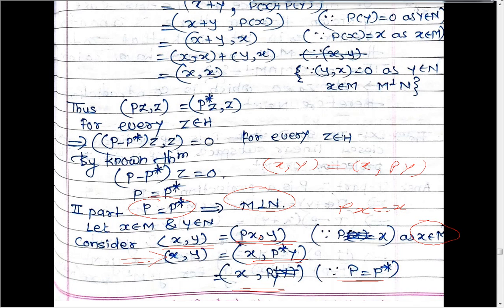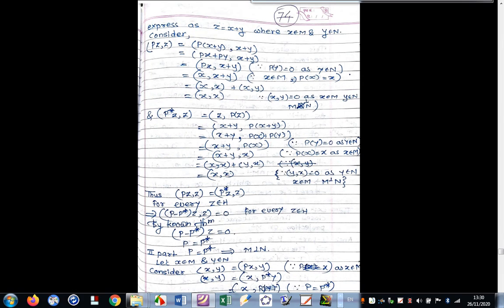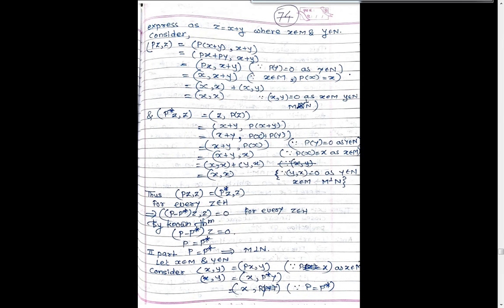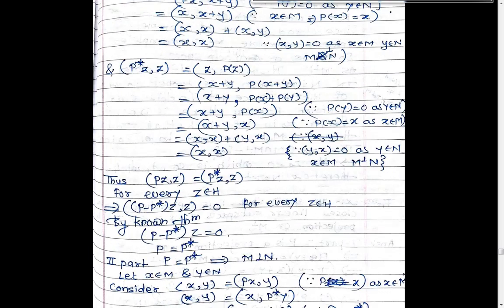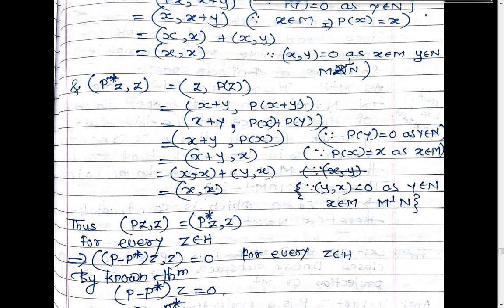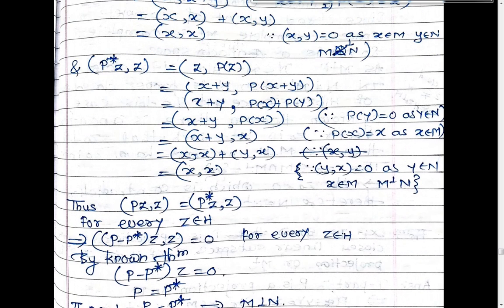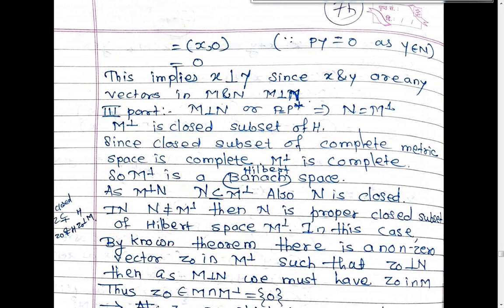In the next part, let us see the next step. This equals 0 because it is nothing but the inner product of x and 0, since Py is equal to 0 as y belongs to N. So thus what we proved?